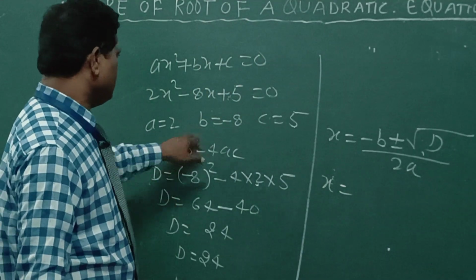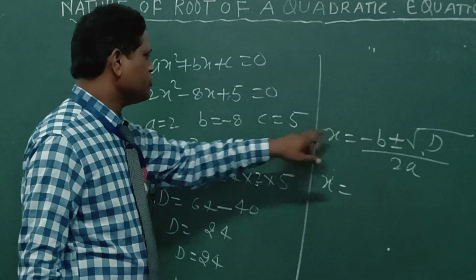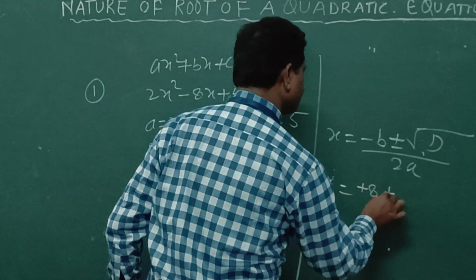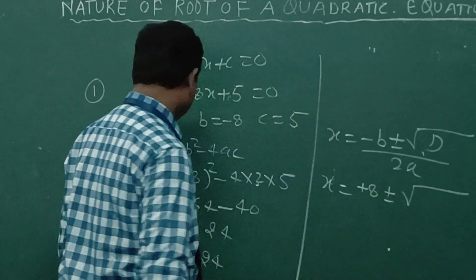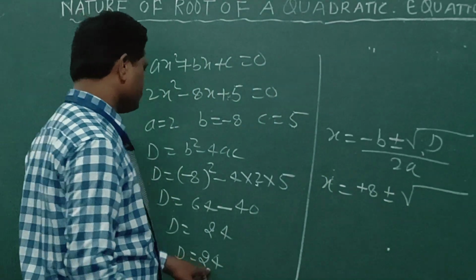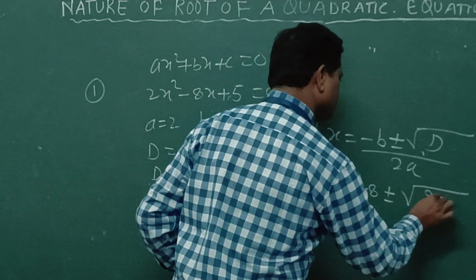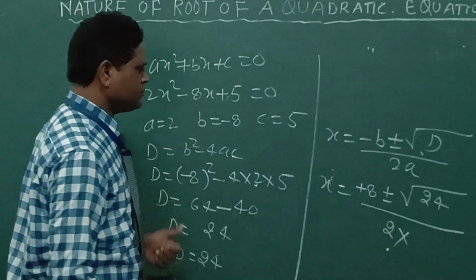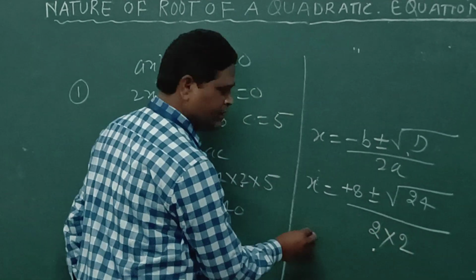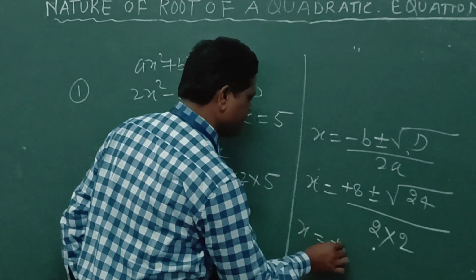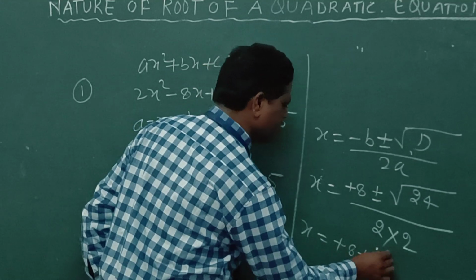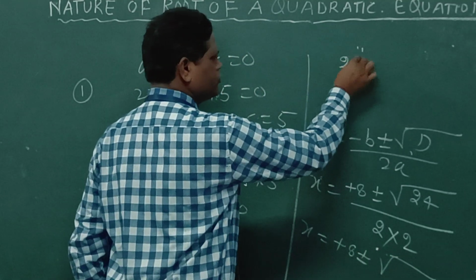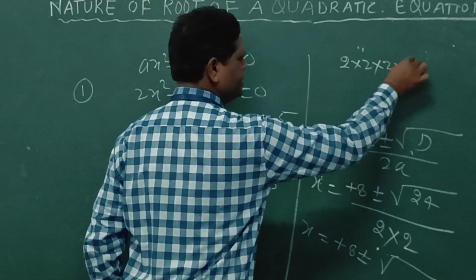So b equal minus 8, and minus into minus gives plus, so plus 8 plus minus root D, that is 24, by 2 into a, which is 4. So x equal 8 plus minus root 24. 24 means 2 into 2 into 2 into 3.